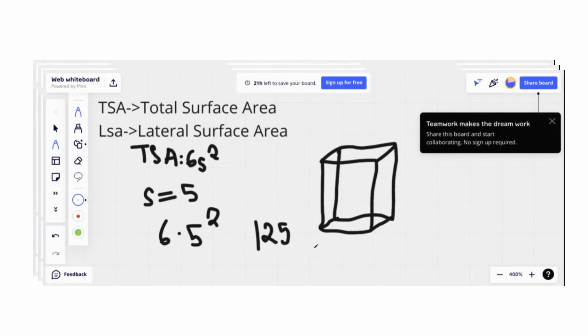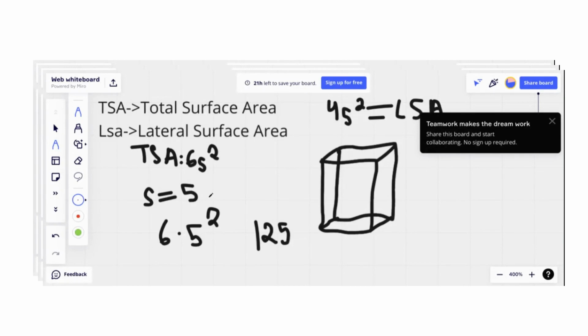Now for our LSA, we're going to exclude the top and bottom, which is going to be 4s squared equals LSA. Because we are excluding top and bottom, which means 6 minus 2 equals 4, so it's 4s squared.